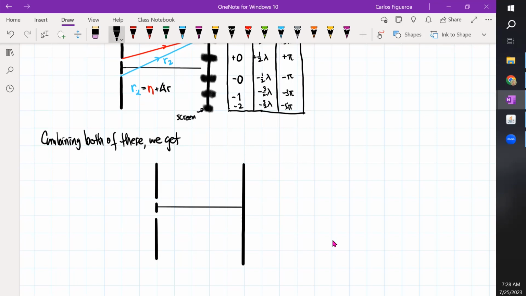And so now I have a pattern that looks something like this. There's a central maximum, and it's going to look something like this. And in between, I have dark fringes.